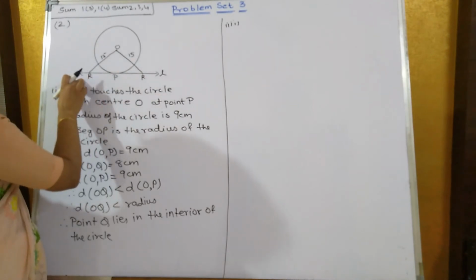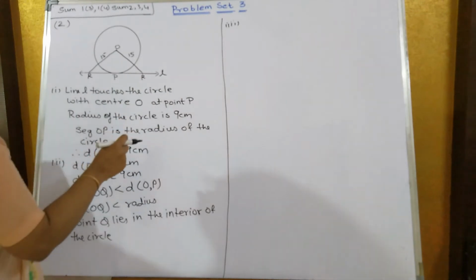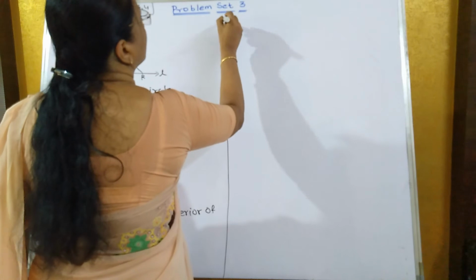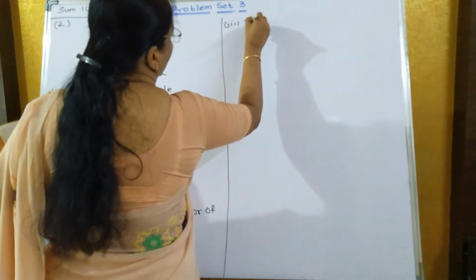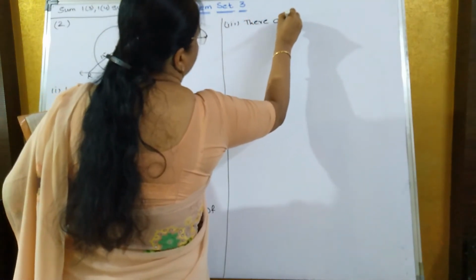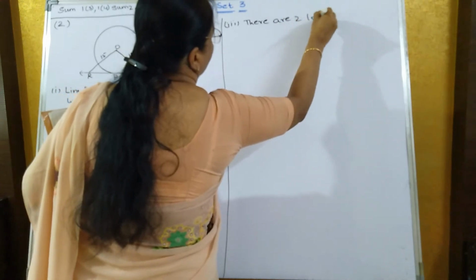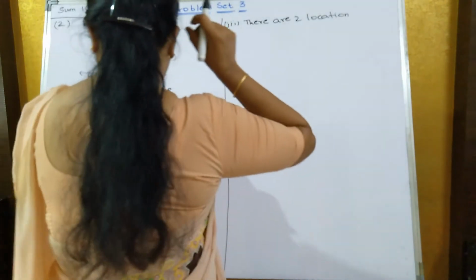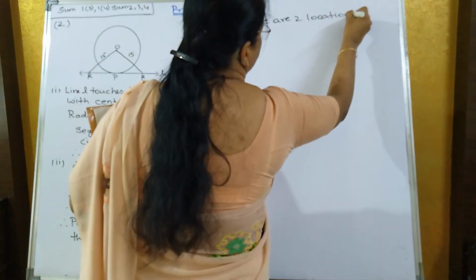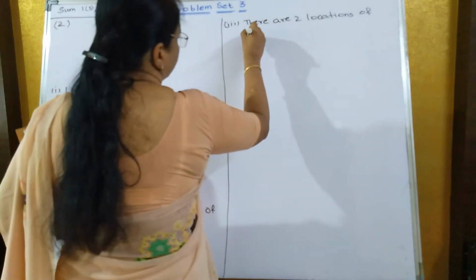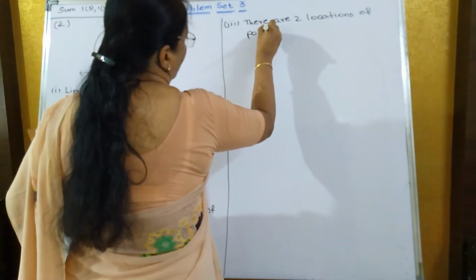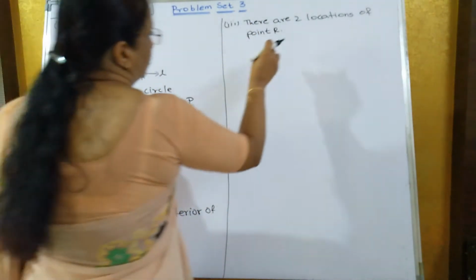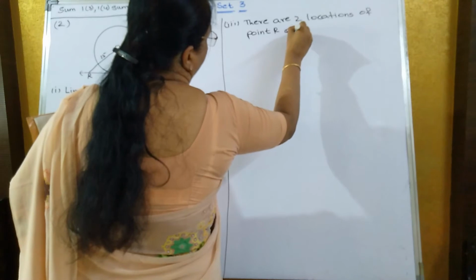Either it will be over here on the left-hand side or on the right-hand side. So there are 2 locations of point R on line L.